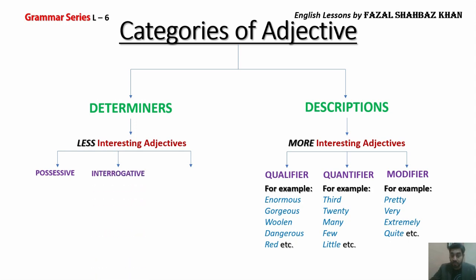Then we have interrogative adjectives, and then demonstrative adjectives. So let's talk about them in a bit of detail. When we talk about possessive adjectives, we have my, our, their, his or her. Like I said in the previous lecture, these are possessive cases of adjectives which need a noun to follow them.